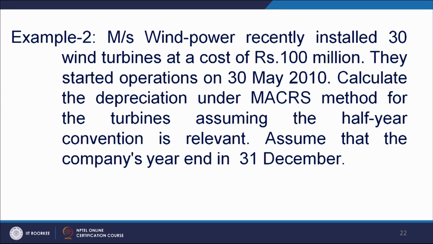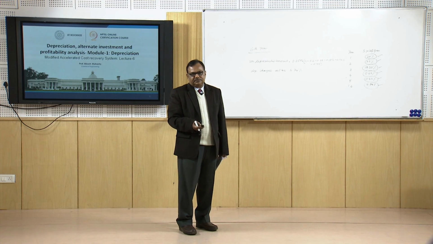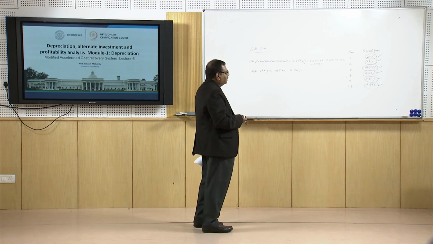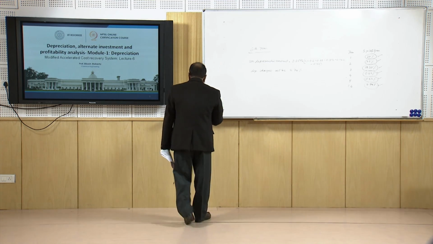Calculate the depreciation under the MACRS method for the turbines, assuming the half year convention is relevant. Assume that the company's year end is 31st December. Now, this is the solution of it. We will compute it on the blackboard.